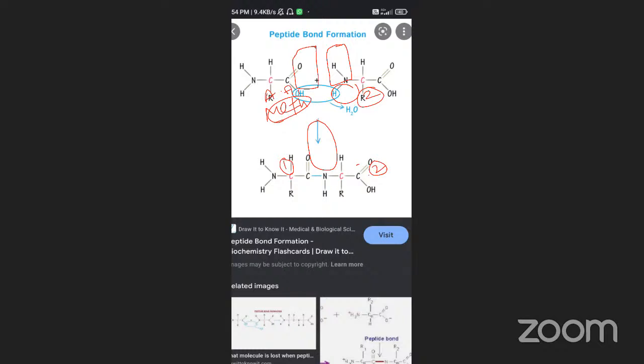RF1 factor, RF3 factor, and GTP energy. With help of GTP energy, RF1, RF3 factors, and the nonsense codons, this translation process ends.